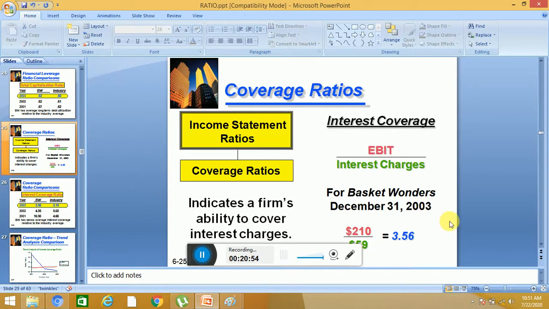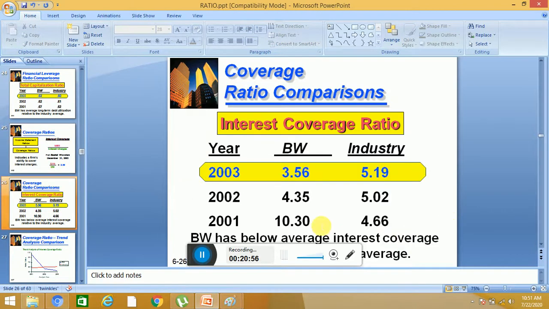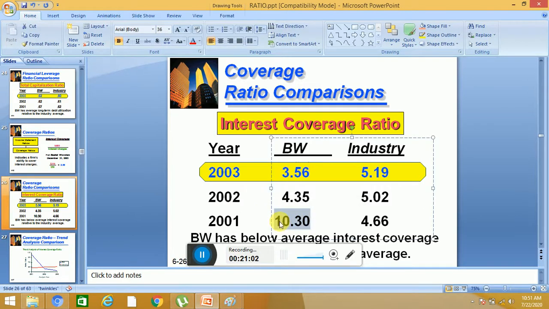Now we'll see the internal analysis. In 2001, Basket Wonders' coverage ratio was 10.30. It was very high. In 2002, it comes down to 4.35. And in 2003, it further goes down to 3.56. So our coverage ratio is going down. Look at the industry.